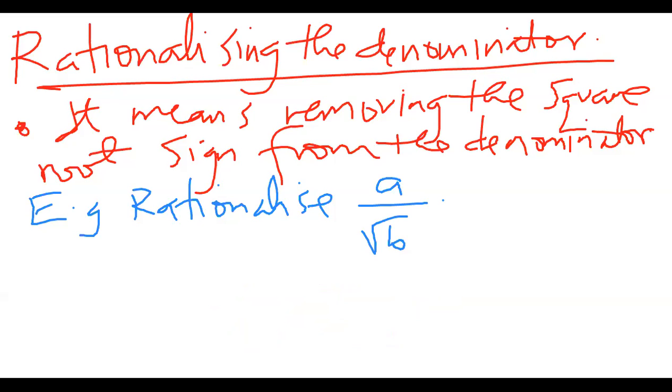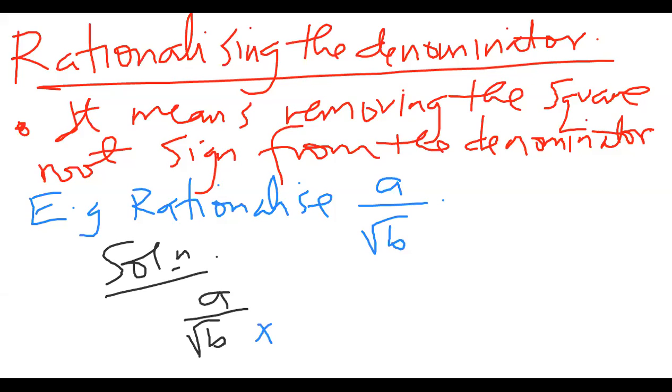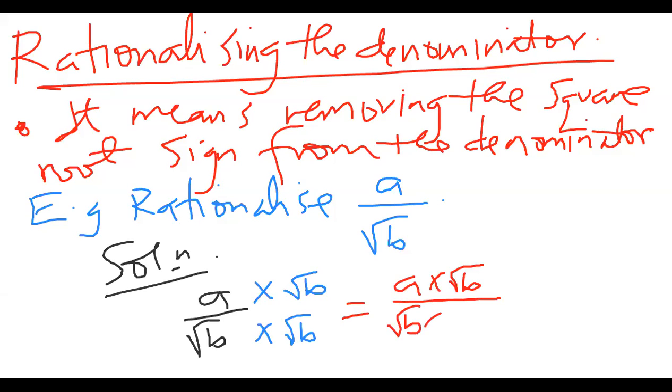We shall say that we have A out of the square root of B, and then we multiply the denominator by the square root of B, and the numerator also by the square root of B. So this will give us A times the square root of B, and the square root of B times the square root of B, which will give us A square root of B divided by B. And that becomes our answer.